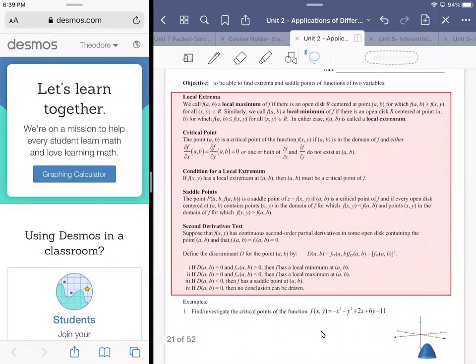So, conditions for local extrema: just like in Calc 1, you're not going to have a local extreme value unless it occurs at a critical point. And the critical points only occur when the first order partials are equal to 0 or if they don't exist at all. Sometimes you can determine the extrema just based off of the nature of the function.